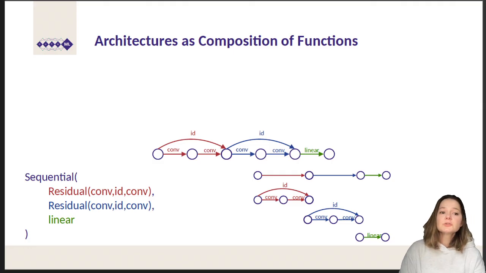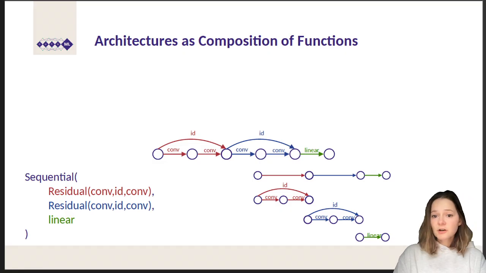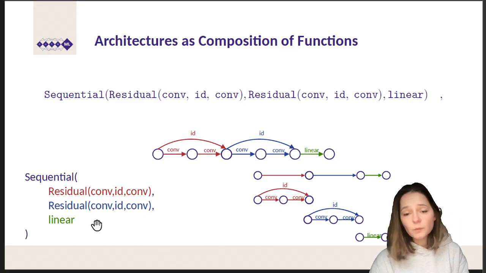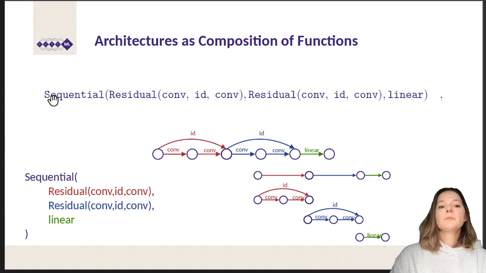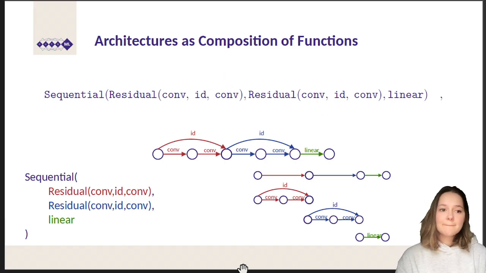And what we can also do is to distinguish between these types of functions using a topological function, for example, saying that it is a residual block, and primitive computations, for example, a convolution, or here a linear layer, which eventually leads to the overall composition as a function, saying we have our sequential, we have a residual block, which is our topological function. We have again our topological function and the computational primitives in between.